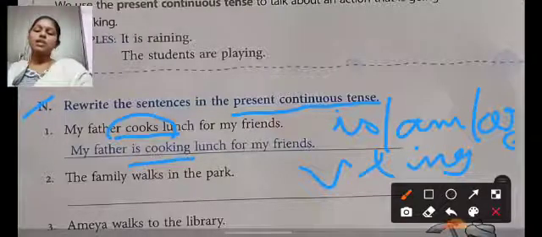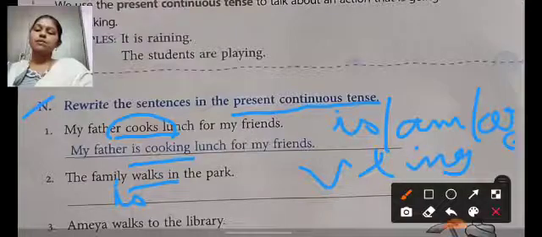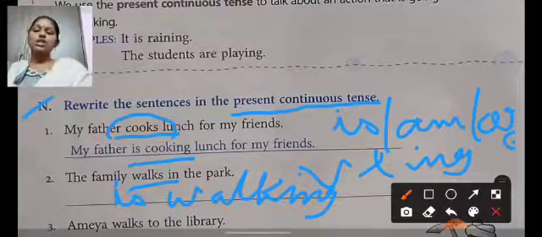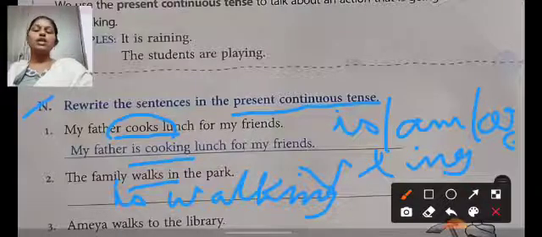In the same way, my family walks in the park. Walks should be changed into is walking. Okay, hope it is clear, students. Is walking. So to change the tense, we change the verb to show the variations in the time of the action. When the action is done, we change the verb accordingly to the time.